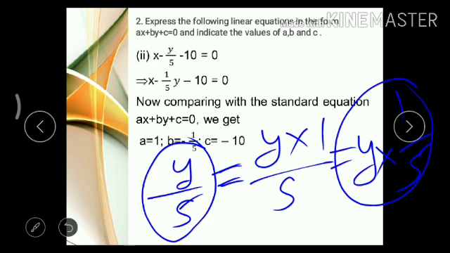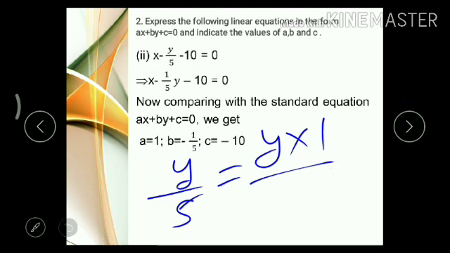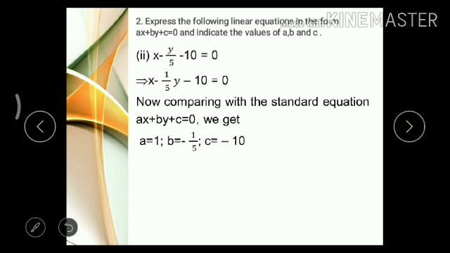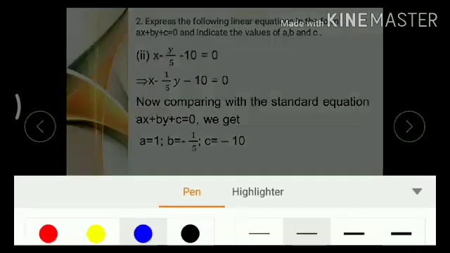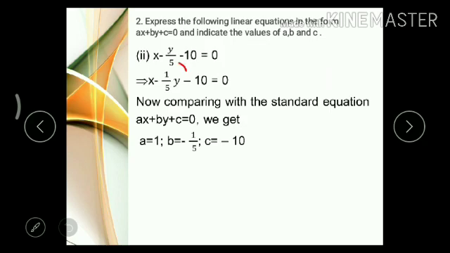Here you can see 1 by 5 into y, and the remaining we have written as it is: x minus 10 is equal to 0. It will help us to compare with the general equation, which is ax plus by plus c.